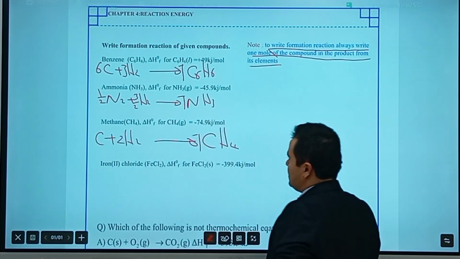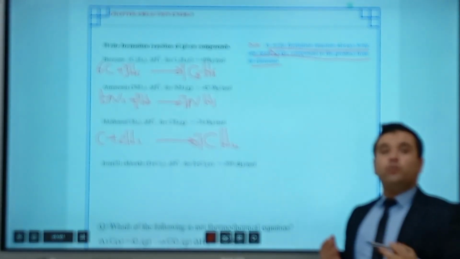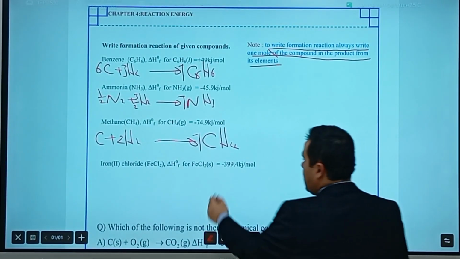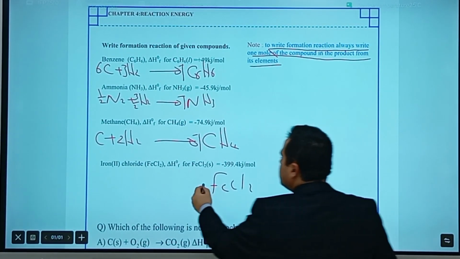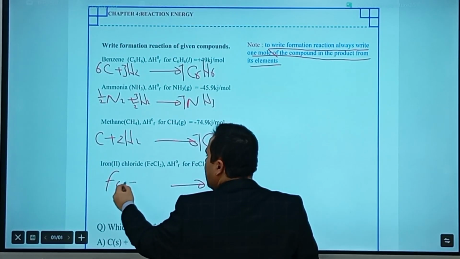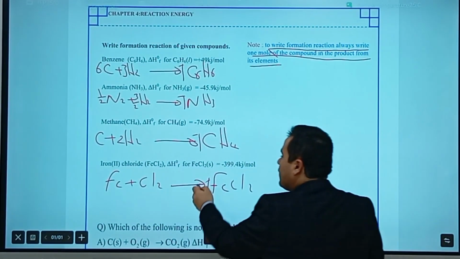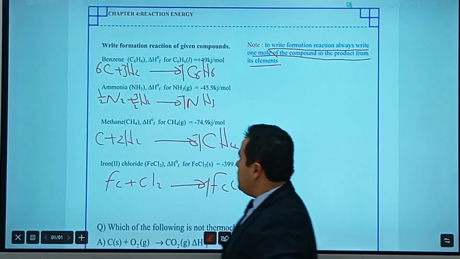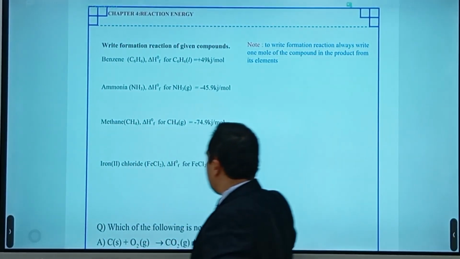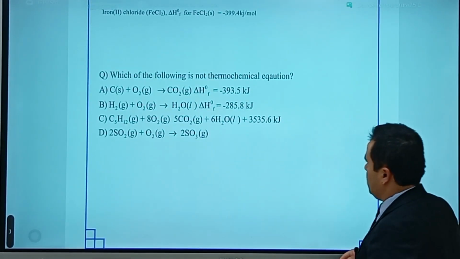So 2 hydrogens. These are the equations which represent the formation of the compounds. FeCl2 from Fe and Cl2. That's the formation of 1 mole of a compound from the elements. That's how we can write the equation for the enthalpy of formation.